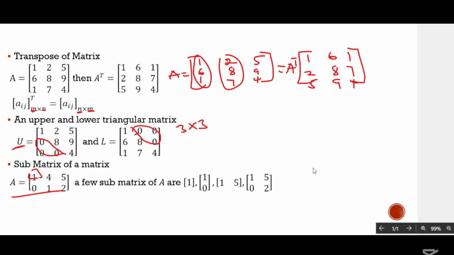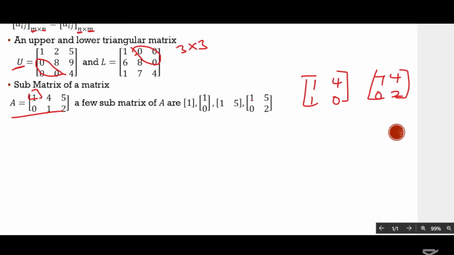But the matrices 1, 4 and 1, 0, or in another way 1, 4 and then 0, 2, are not submatrices of what? They are not submatrices of A. That is that.